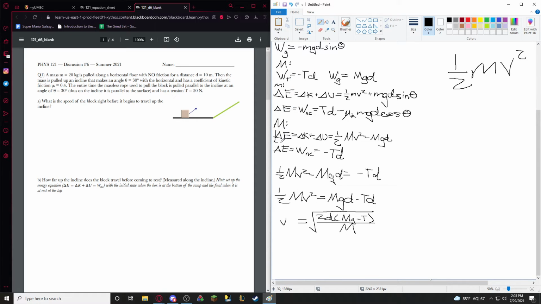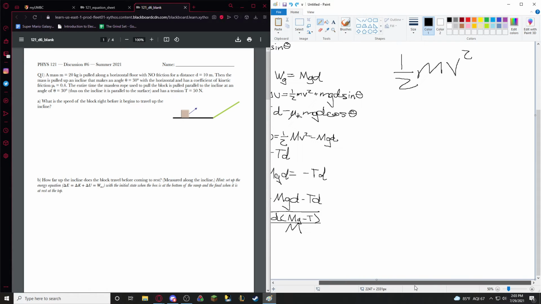Delta E is equal to delta K plus delta U. We can also write it in terms of the total non-conservative work, right? Yes. So what is the total non-conservative work done on the block?